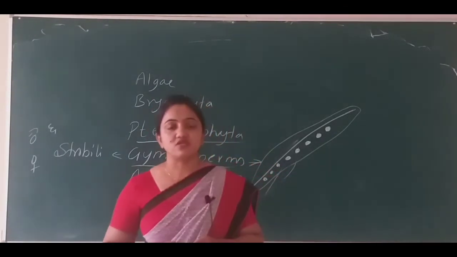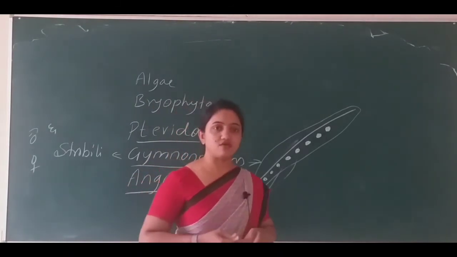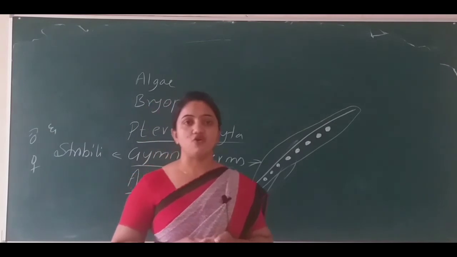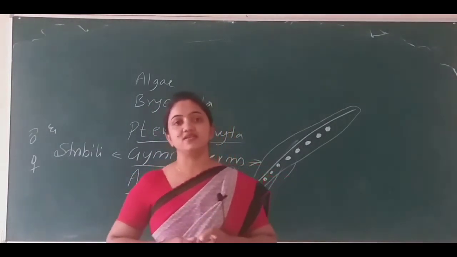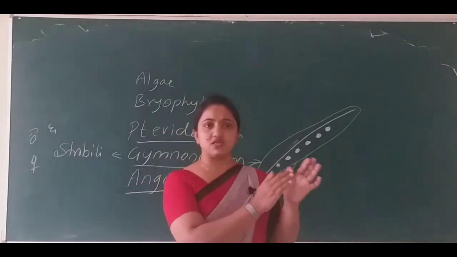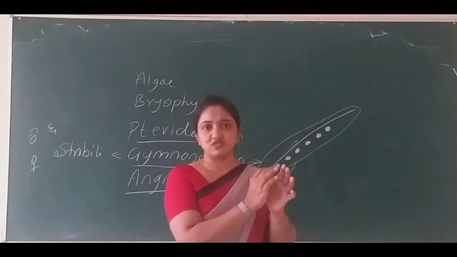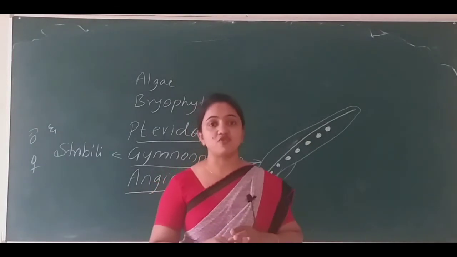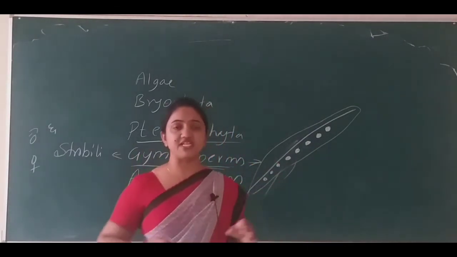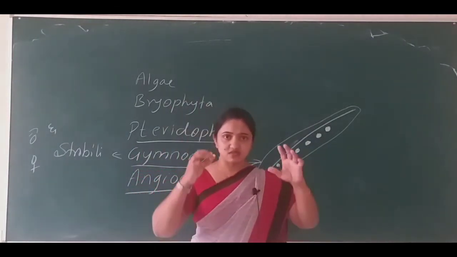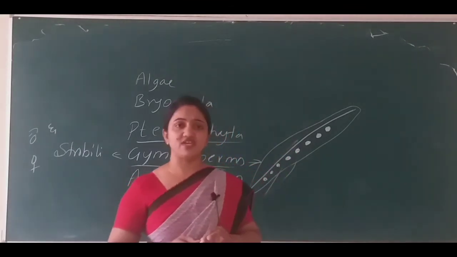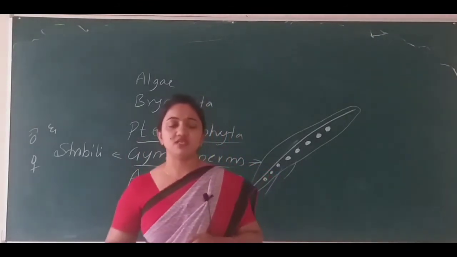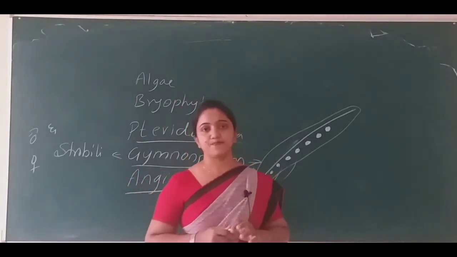Coming to dicotyledonous plants: they have two cotyledons in the ovule, and not only by seeing the cotyledons inside the ovule, but by seeing extra morphological features, we can distinguish which is a monocotyledon and which is a dicotyledonous plant.